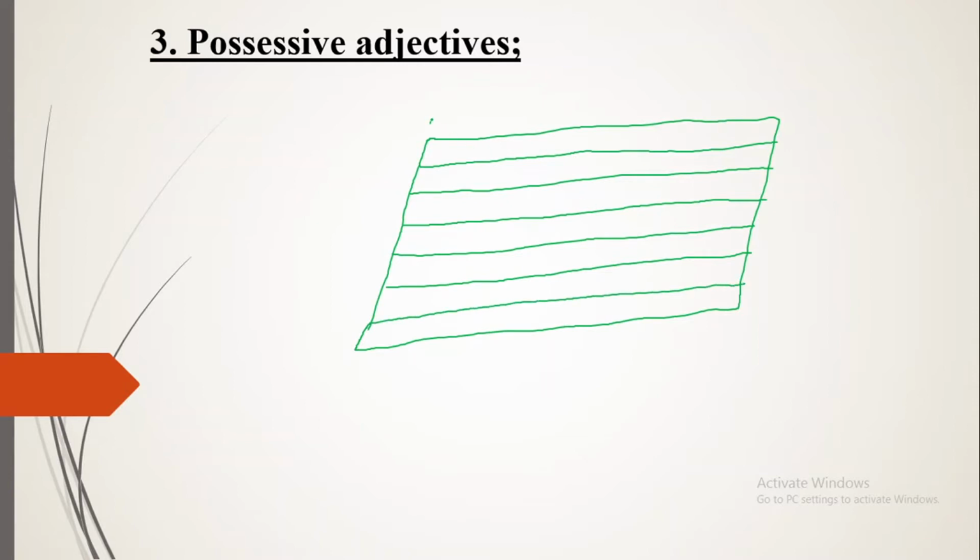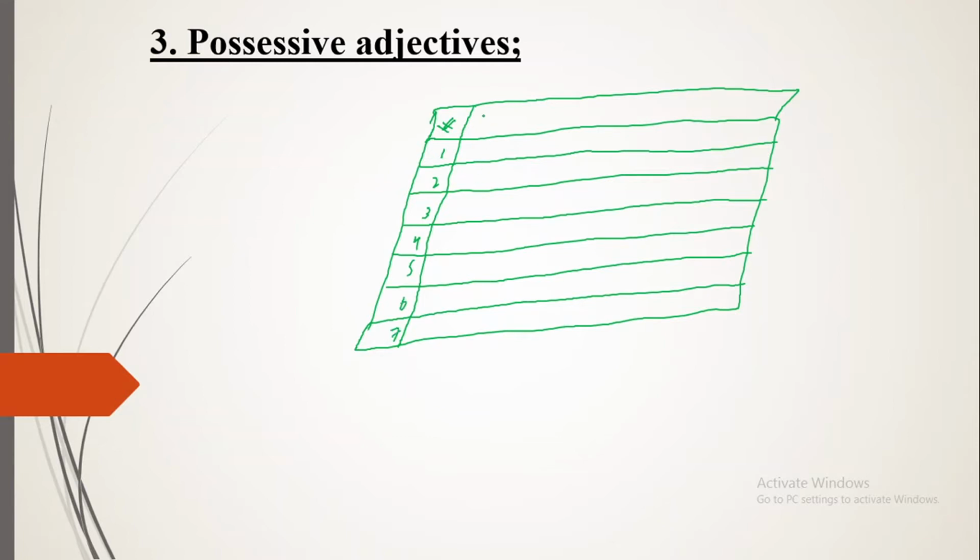I told you the personal pronouns are total 7 in number: 1, 2, 3, 4, 5, 6, and 7.